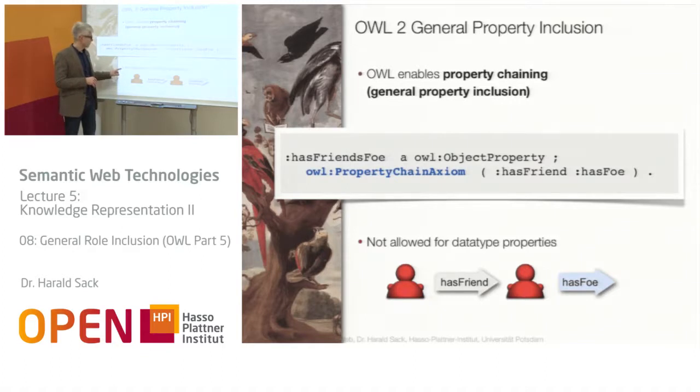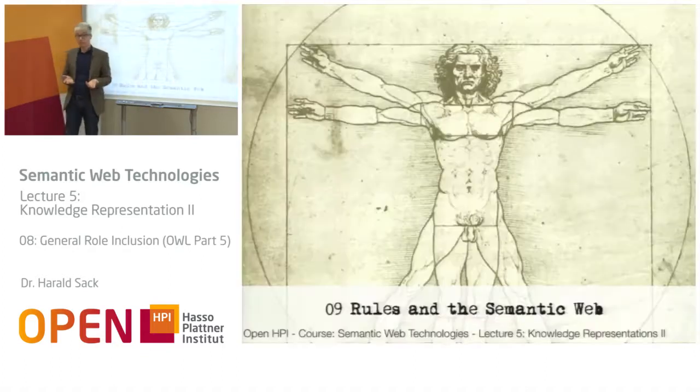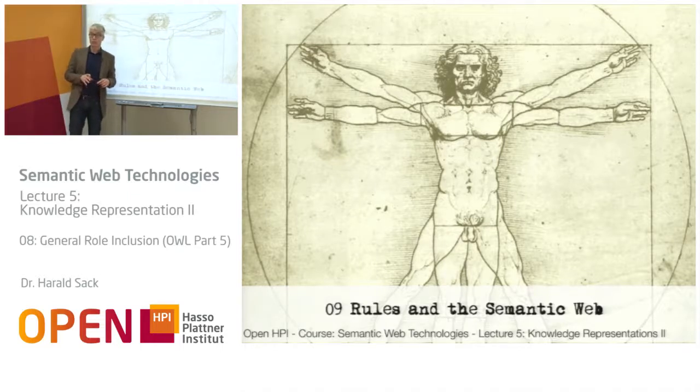What's next? In the next lecture, we are still on the topic of knowledge representation. We want to look at what is beyond OWL, and beyond OWL are the so-called rules. Because you can describe knowledge that is much more complicated than, for example, things we have defined in OWL, but is still decidable.